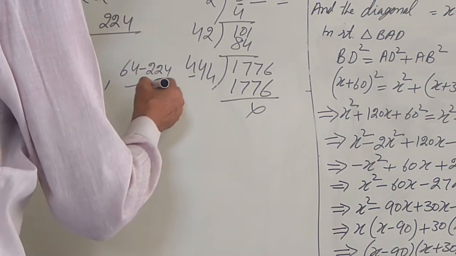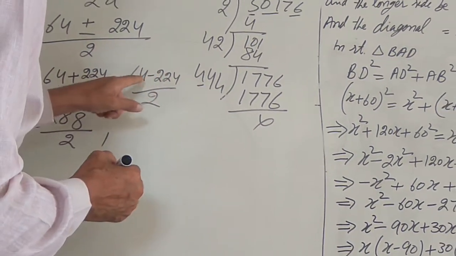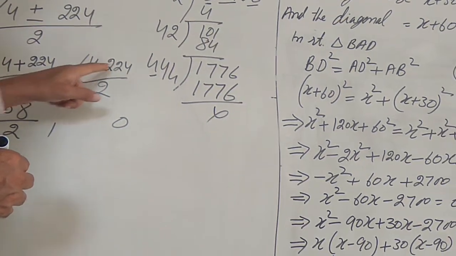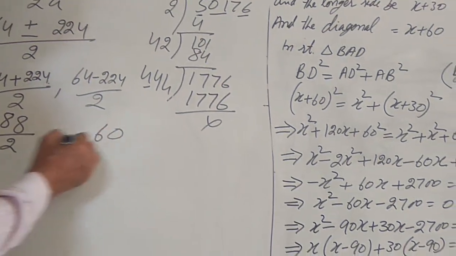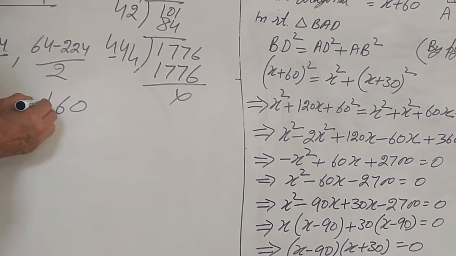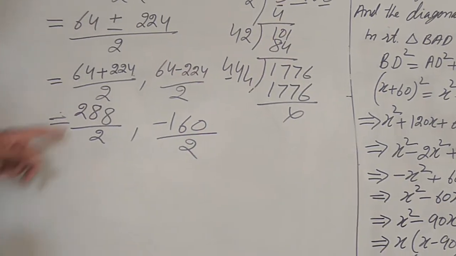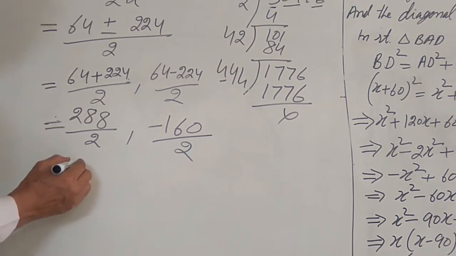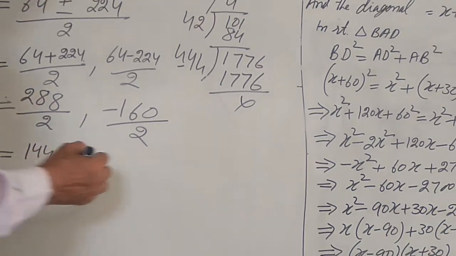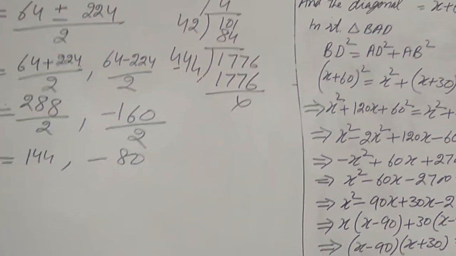Here this is subtracted from this. 4 from 4 will give you 0, and 6 from 12 will give you 6, 1 upon 2. So this gives you 144, and this gives you minus 80.